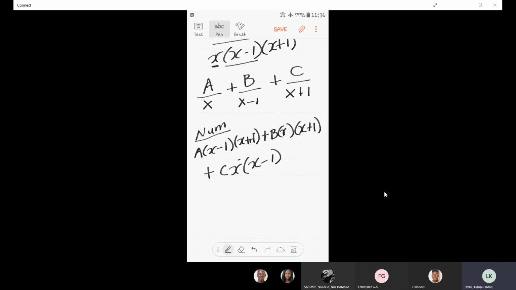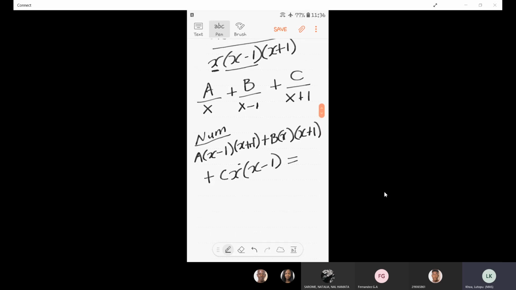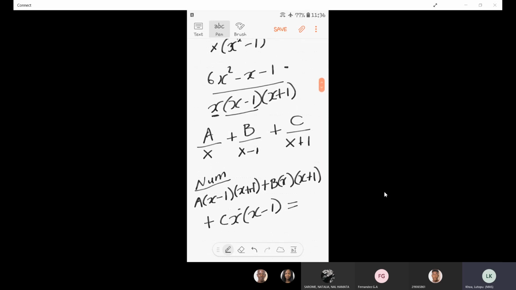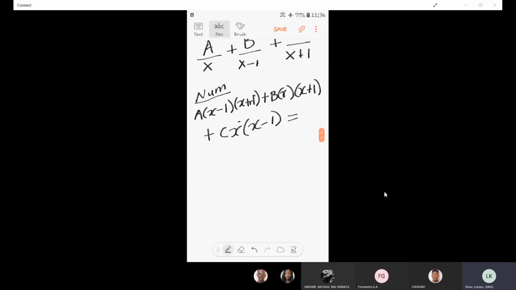So I multiply each of the numerators by the denominators of the other two fractions, and this must be equal to the numerator I have in the original equation, which is this one over here. So this must be equal to 6x squared minus x minus 1.